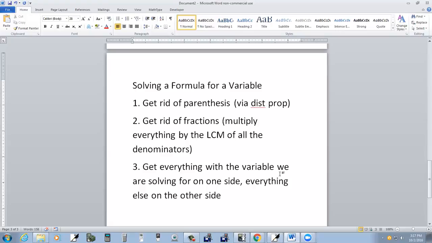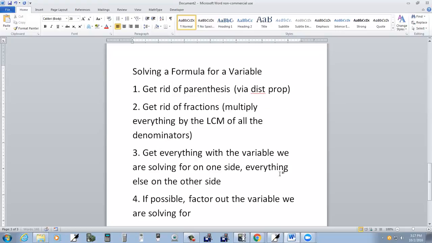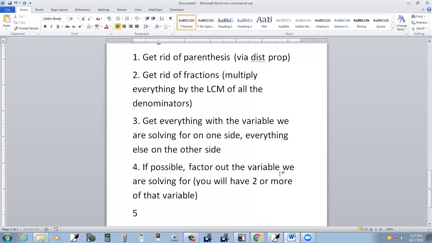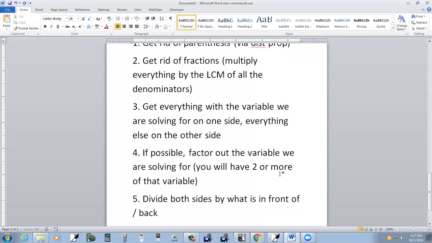You could have a radical expression in there. Step 4, if possible, factor out the variable we are solving for. You will have 2 or more of that variable. Then step 5, divide both sides by what is in front of or back of the variable we are solving for.